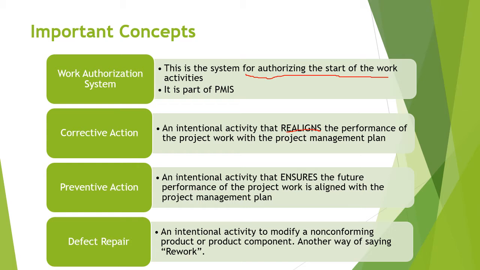So this new direction, this new corrective action, should be well documented, and when it has been executed, it should turn the project in a way such that it is better aligned with the goals, expectations, and ultimate results laid out in the project management plan, right? So basically, corrective action realigns the performance of the project work in accordance with the project management plan.